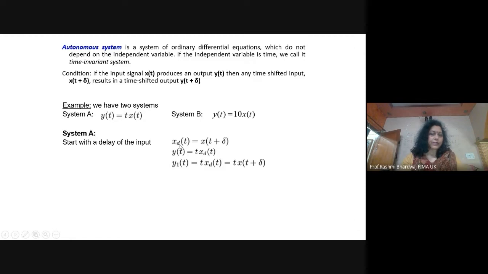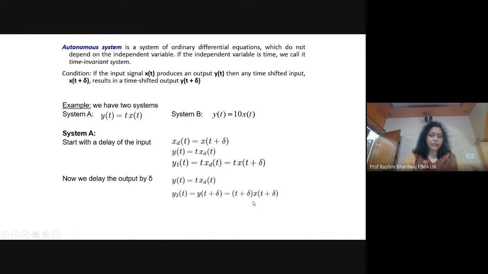So x_d(t) is nothing but x(t + delta). So y1(t) is t times x_d(t), which is t times x(t + delta). Now if I take the delayed output function, y2(t) which is y(t + delta), it gives you (t + delta) times x(t + delta).